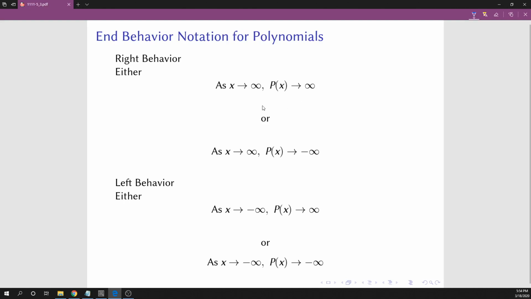So first off is some notation that I'm going to use for end behavior. For the right behavior, we'll write one of these two things. As x goes to infinity. If you're looking at the x-axis, it looks like this.